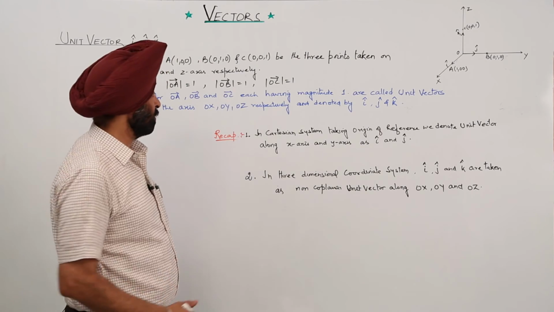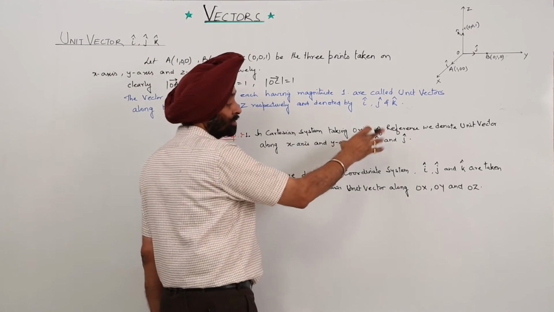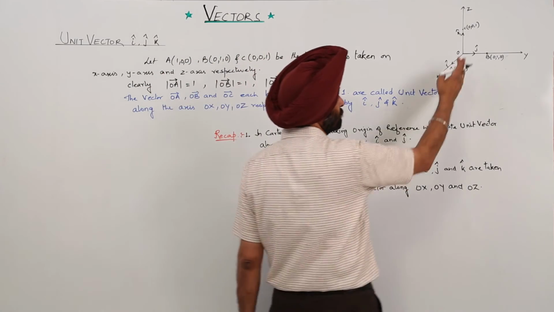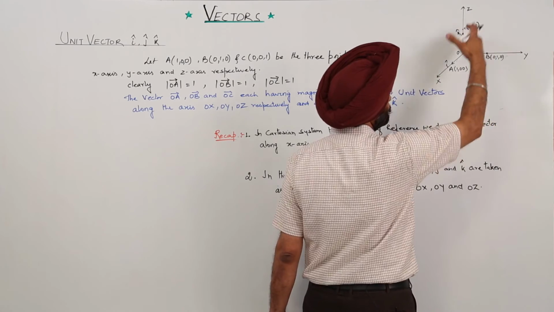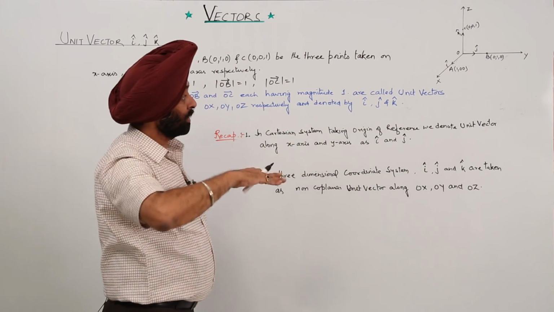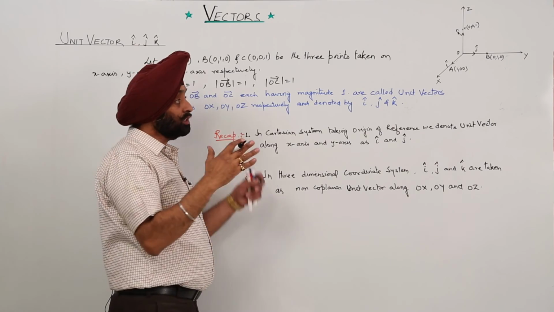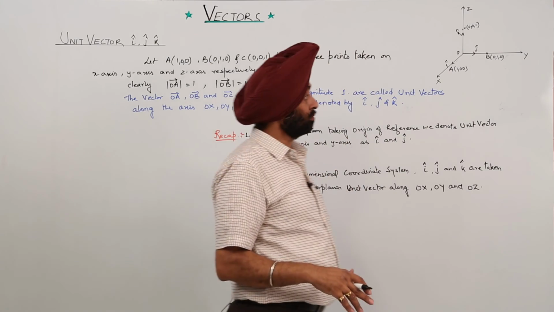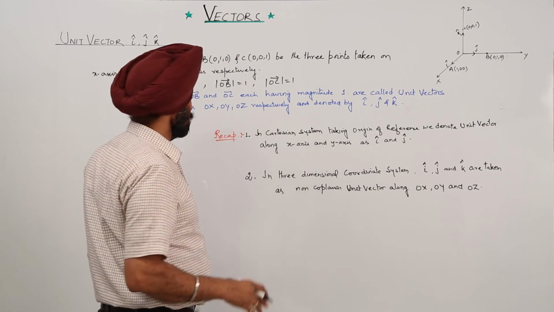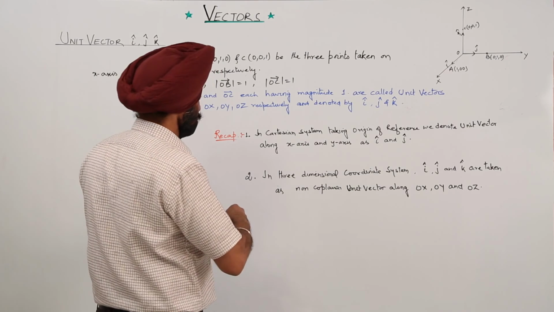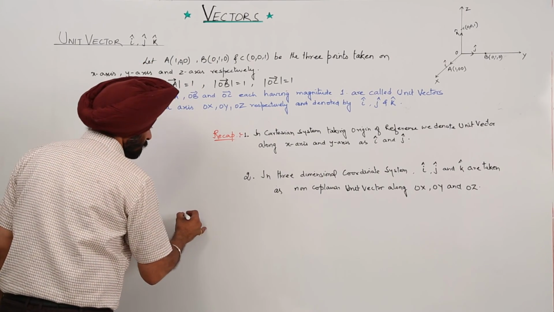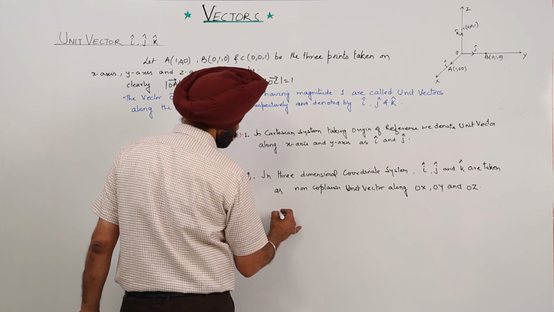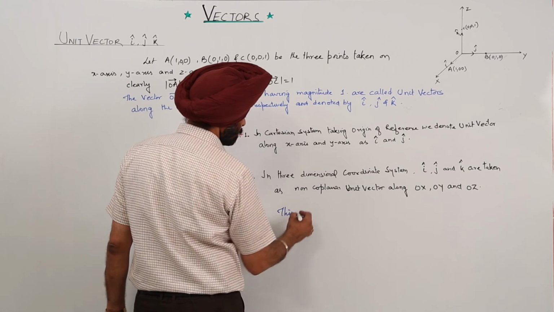Now look at the difference. In the Cartesian system, the x-axis and y-axis are i cap and j cap. Here, because we have 3 different axes, OX, x-axis, OY, y-axis and OZ, z-axis, all these 3 are perpendicular to each other. For example, the corner of a room or of the floor. Okay, so now this system is also called, this system.